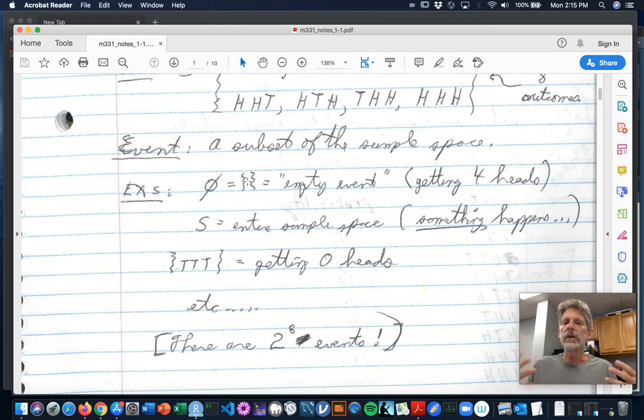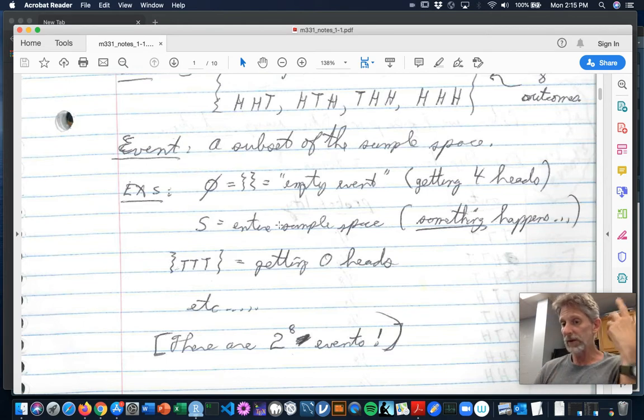You could also think of it as anything impossible, like getting 4 heads would be impossible in this setting. So you could think of that as the empty event, or getting 18 heads, or getting -2 heads, or getting 35 tails, or whatever. The entire sample space is an event because every set is a subset of itself.